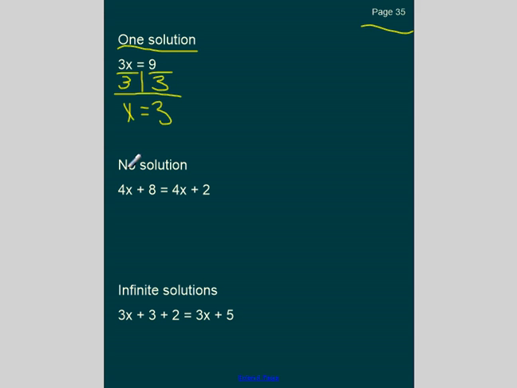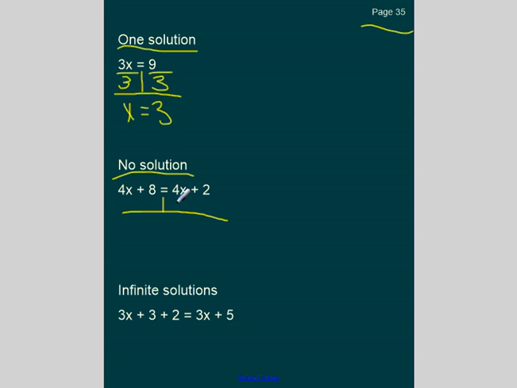Now let's look at an equation that has no solution. Yesterday we talked about how to solve equations when there were variables on both sides. One of the things you were supposed to do is move all of your terms that have a variable onto one side of the equal sign. So I'm going to do my balance. I have 4x here.